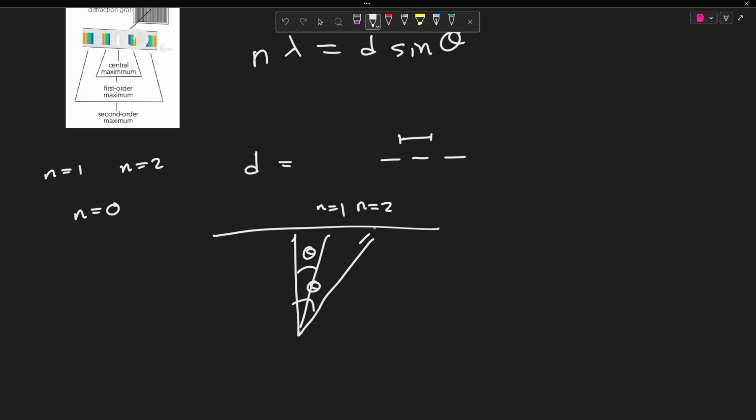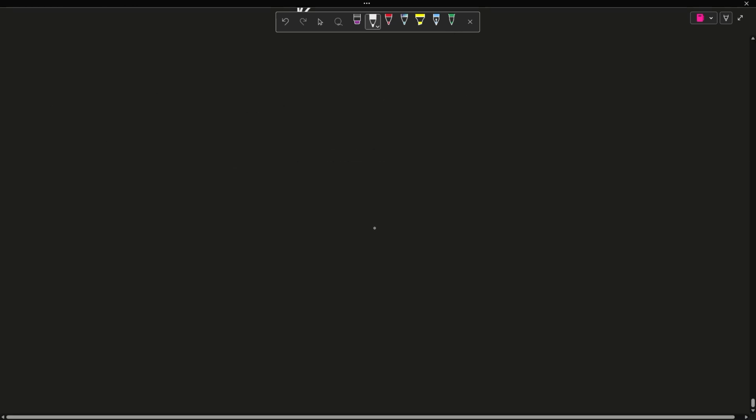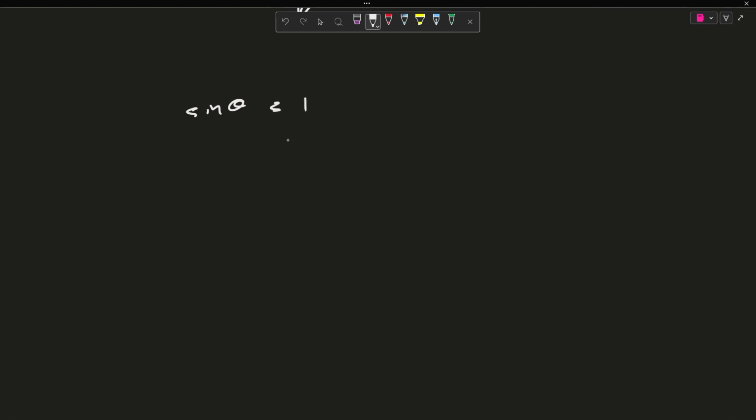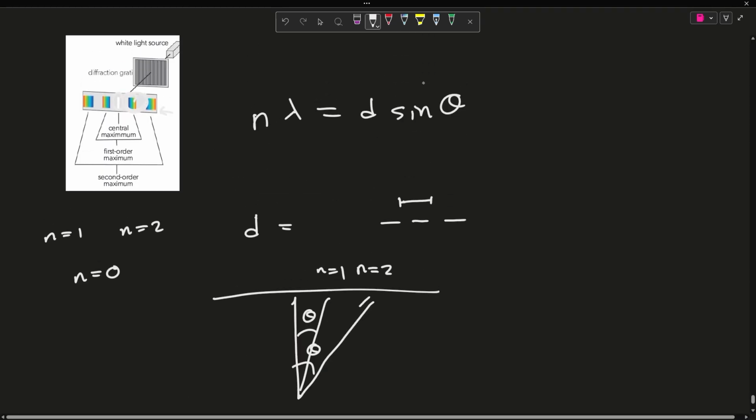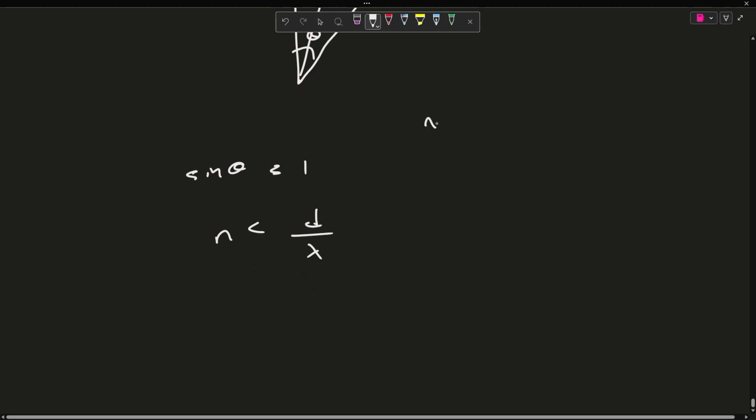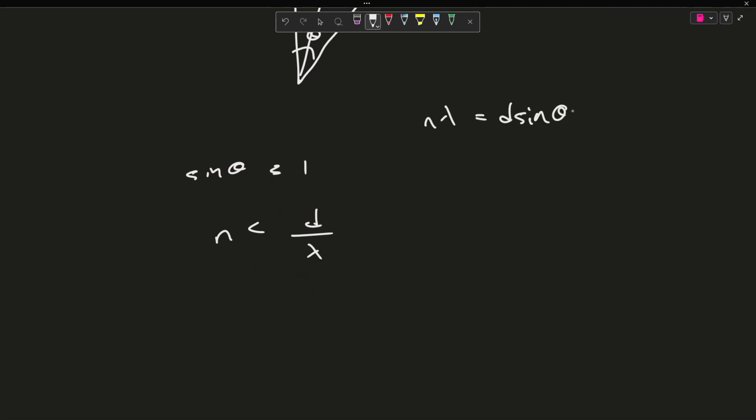And to find the maximum amount or total amount of maxima, remember that sine theta is always less than or equal to 1. So n is less than d over the wavelength from this formula. Wavelength equals d sine theta, so at most sine theta can be equal to 1.